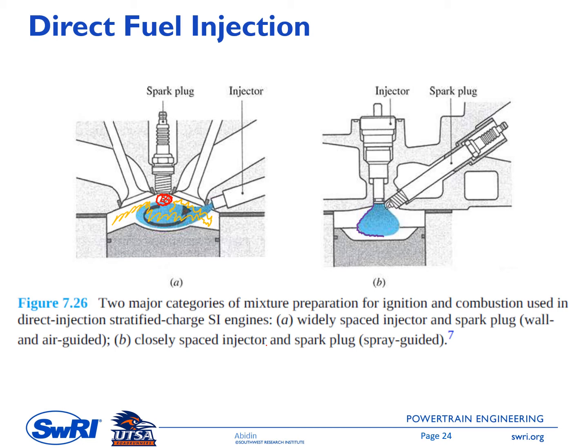So it can produce a wide spray angle in such a way that at the end of the compression stroke, or during the ignition process, we have a close to stoichiometric mixture in this zone around the spark plug, and then an overall lean mixture in the other zone. So this schematic is showing two different strategies for having a stratified mixture condition.